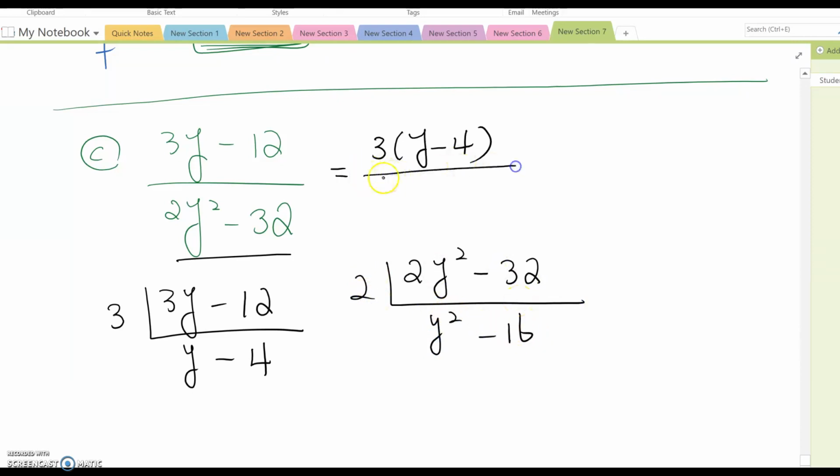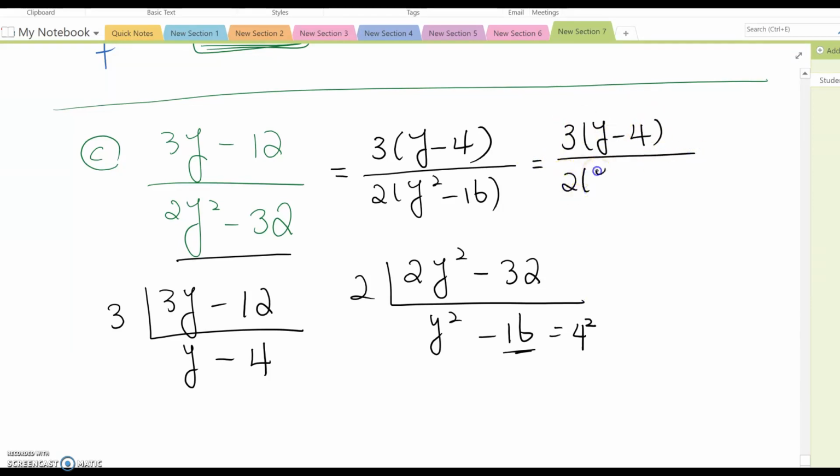So far it becomes 2 times y squared minus 16. But you know that 16 means 4 squared. So this means 3 times y minus 4 over 2 times y minus 4 times y plus 4. As you see, this cancels out. Therefore, the answer becomes 3 over 2 times y plus 4.